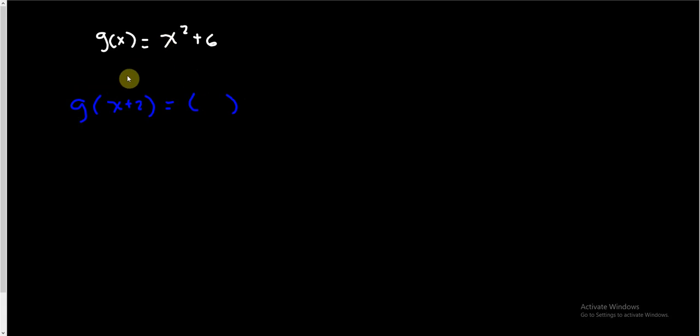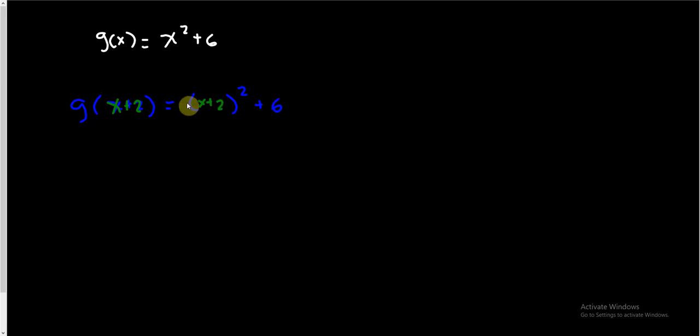Remember, if I'm going to plug into a function, I would like to rewrite the function with a blank where the x goes. And so blank squared plus 6 is the function. Well, what are we plugging into the function? x plus 2. So what goes in my blank? x plus 2.